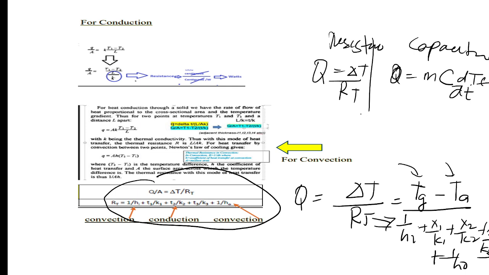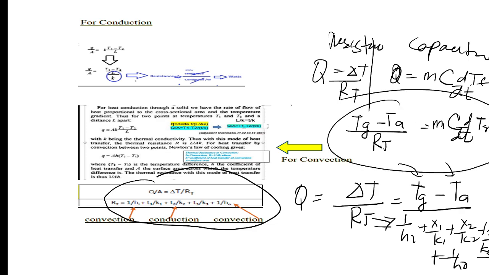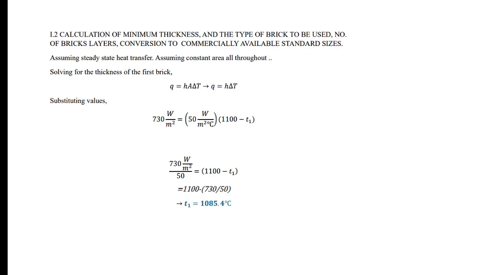So we have T of gas minus T of the ambient over R total equals the total mass times the capacitance times d over dt of the temperature of the gas inside the furnace. Okay, so that's the model that we have.